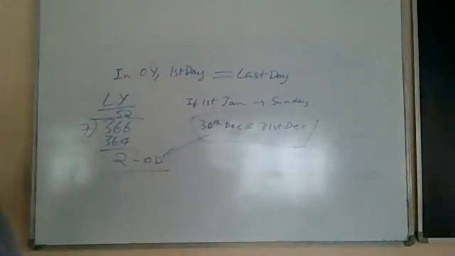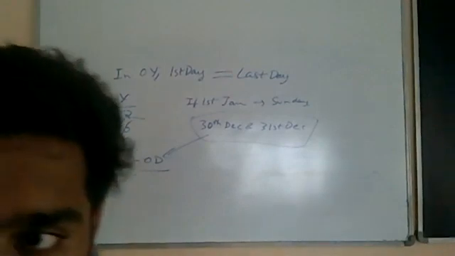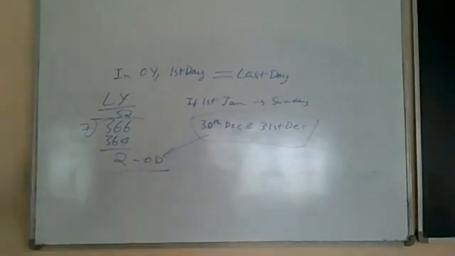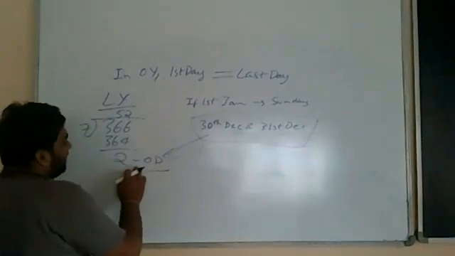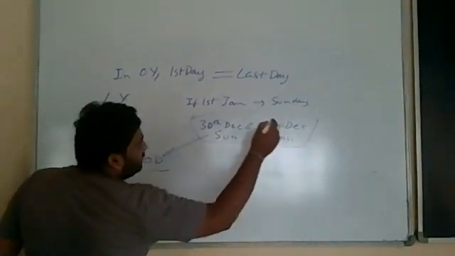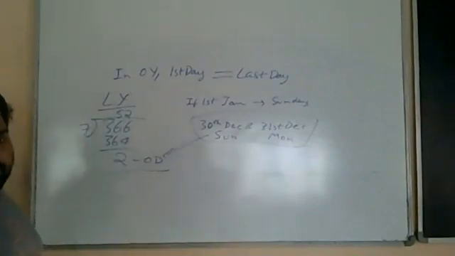Correct? Yes, sir. Understood. So 30th and 31st December will be the 2 odd days, which means this will be Sunday and this will be Monday. Correct?